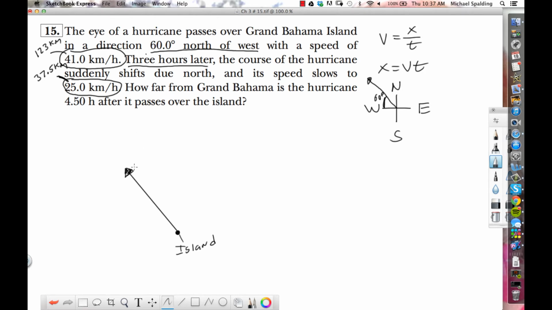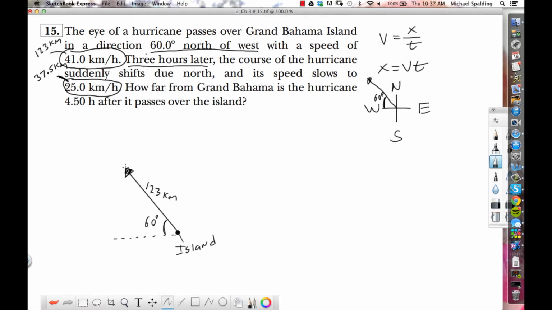If you're doing it graphically, you have to measure this angle with a protractor. I just eyeballed it. You also have to scale this out, saying like 1 centimeter represents 10 kilometers or something like that. So this is 123 kilometers.